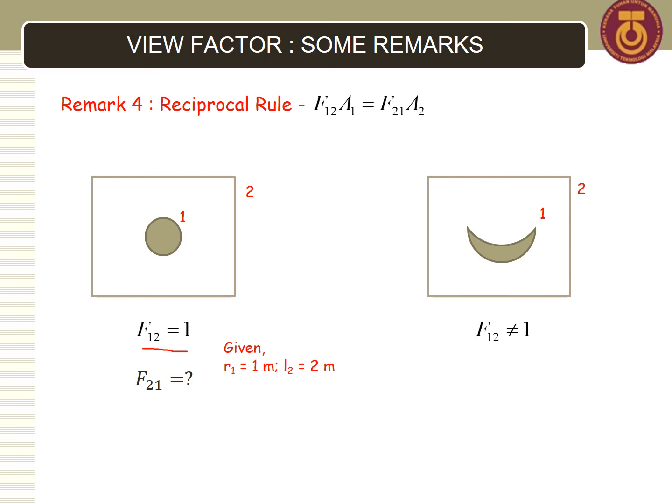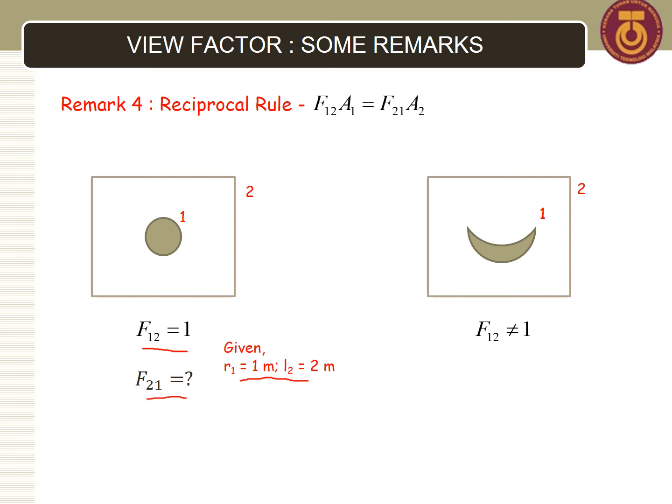And what about F21? We can use the reciprocal rule to calculate F21, provided this information is given, meaning the radius or diameter of surface 1 and the length of surface 2. We assume surface 2 is a cube.